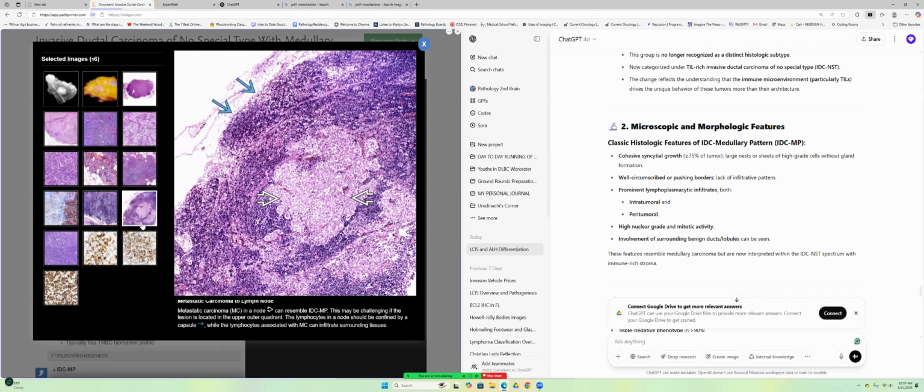If you see it in the breast, especially in the upper outer quadrant, one could interpret it to be invasive carcinoma of no special type with medullary features.